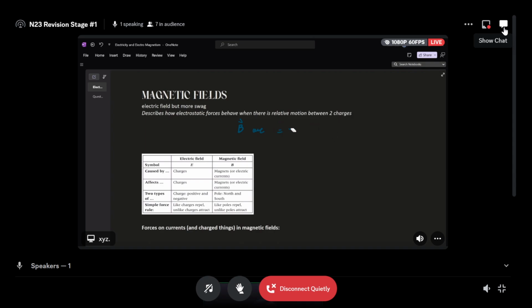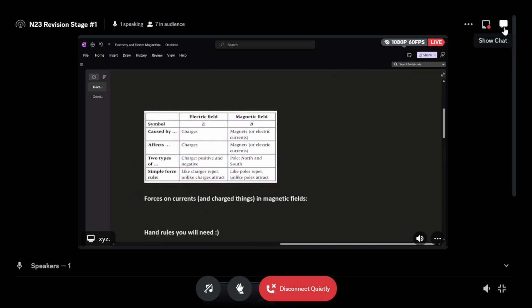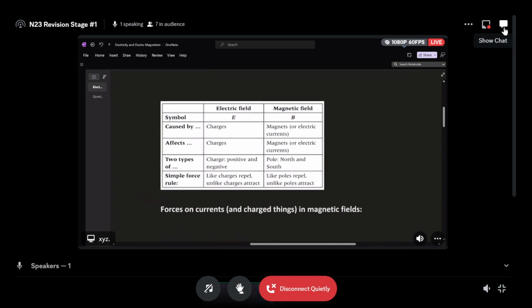The main thing we deal with here is, I put this very neat table that I copied from somewhere, and it explains what each field acts on.